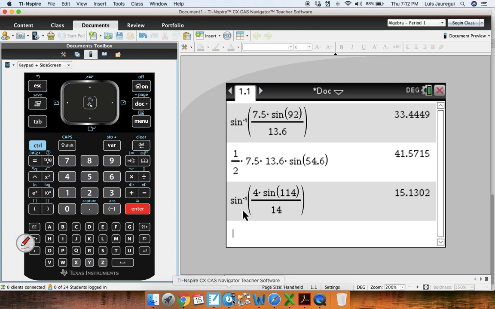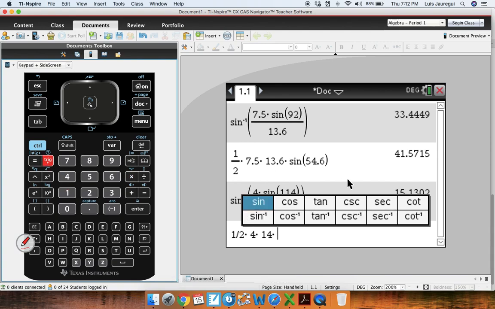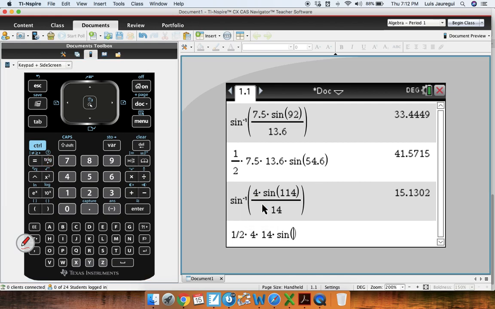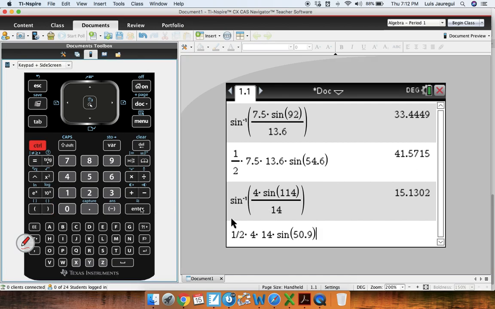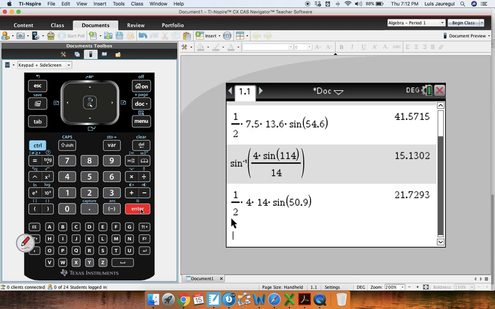So let's go ahead and type in 1/2 times 4 times 14 times sine of 50.9 degrees. And let's go ahead and hit Control Enter. So that's roughly speaking 21.7 square units.